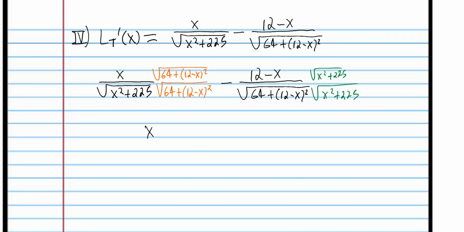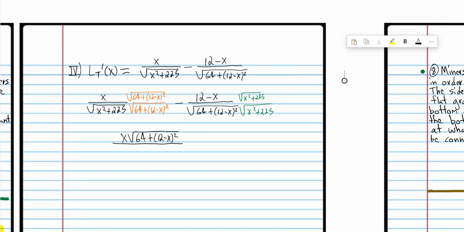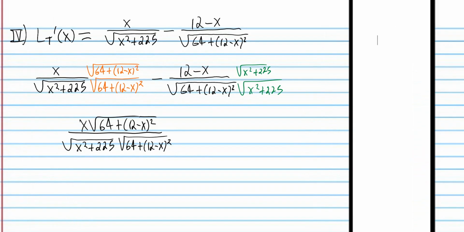But once we do that, we'll have a common denominator. We can add these expressions together. So that is our denominator for that fraction. And we have to use parentheses on 12 minus x. If you don't, your expression is going to be wrong. It's going to be misinterpreted.